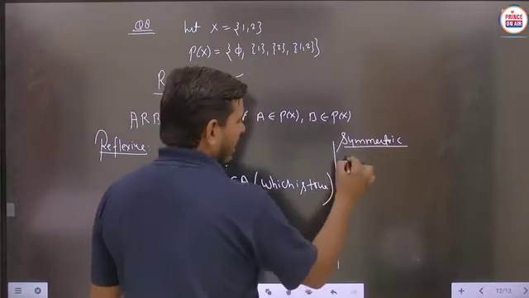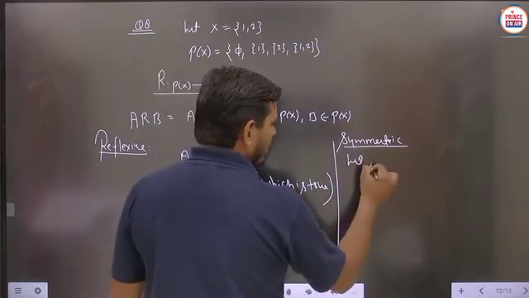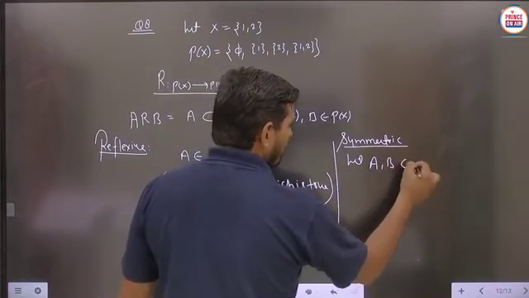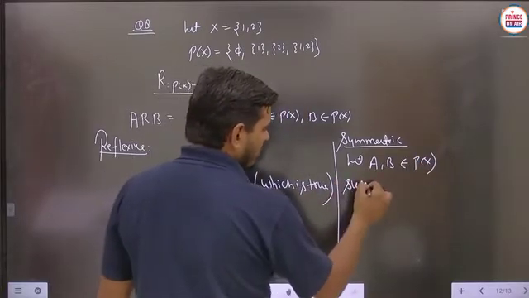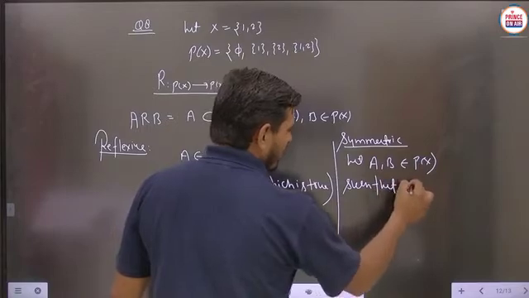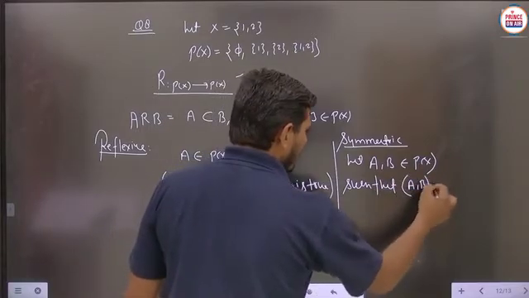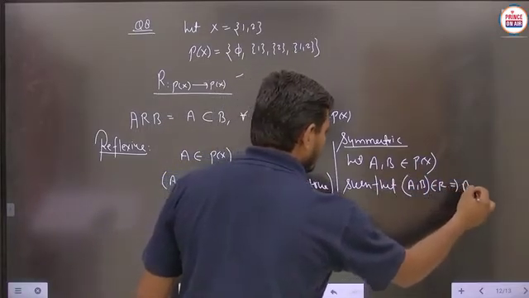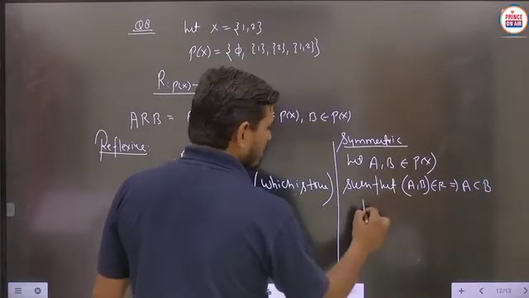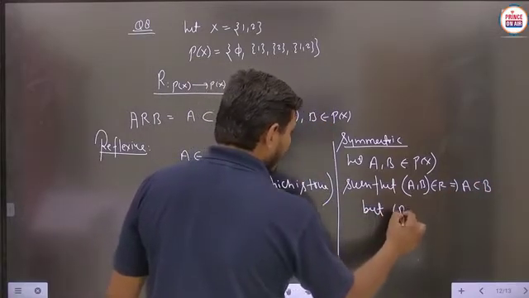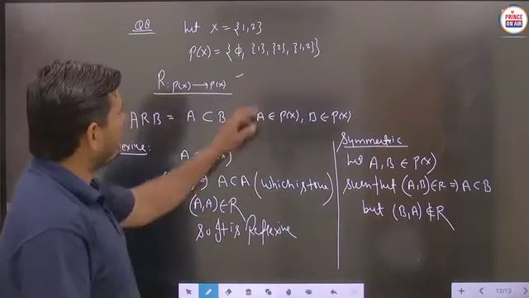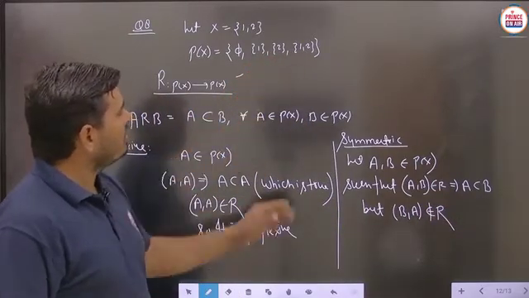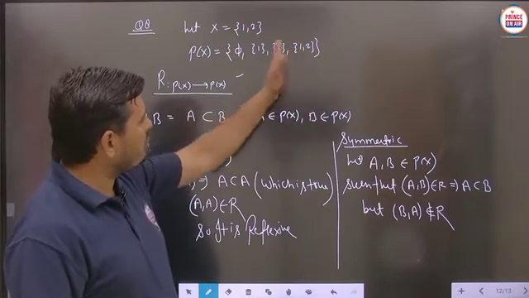Let A, B belong to the power set of X such that (A, B) belongs to R. (A, B) belongs to R implies that A is a subset of B. But students, (B, A) does not belong to R, because suppose we take this and this: this is a subset of this part, but this is not a subset of this part.